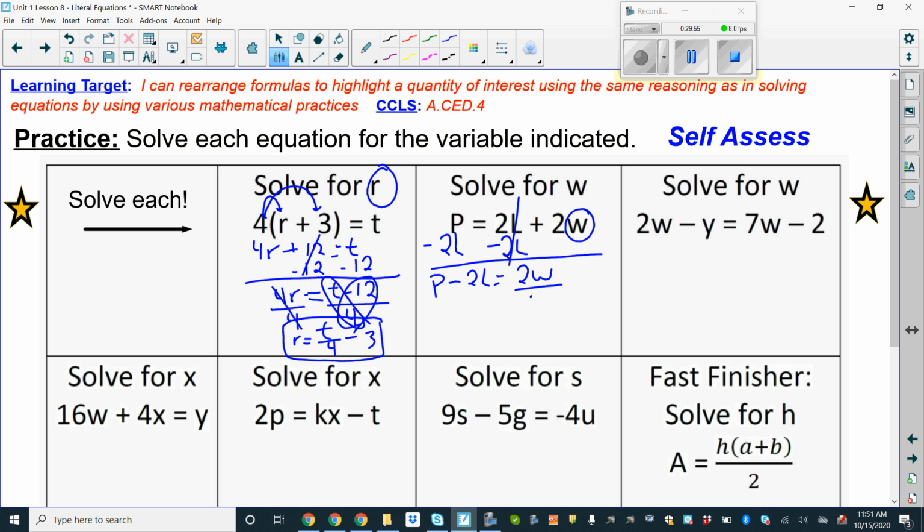We need to divide by 2 to get W alone, and we're left with (P minus 2L) over 2. We could simplify this one as well if we want. P divided by 2 minus 2L divided by 2. The 2's cancel out, so you're left with just minus L equals W.